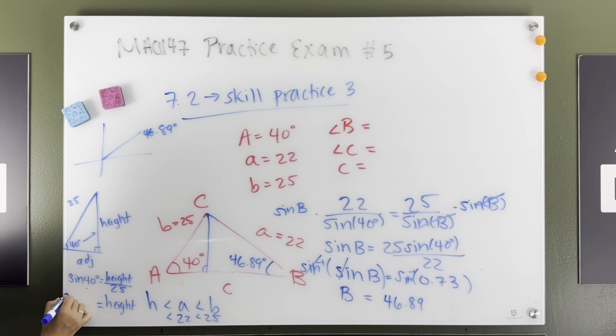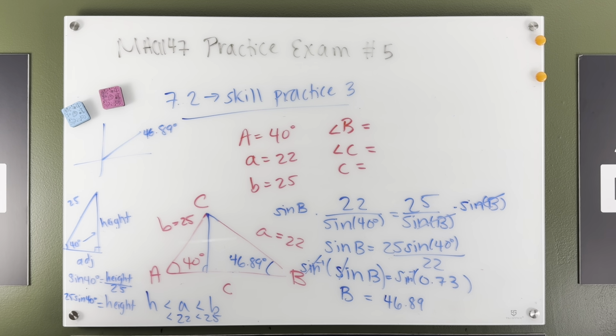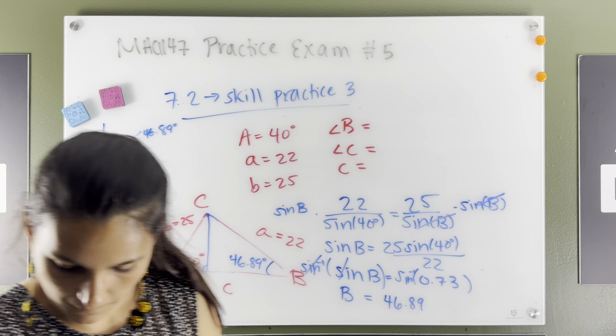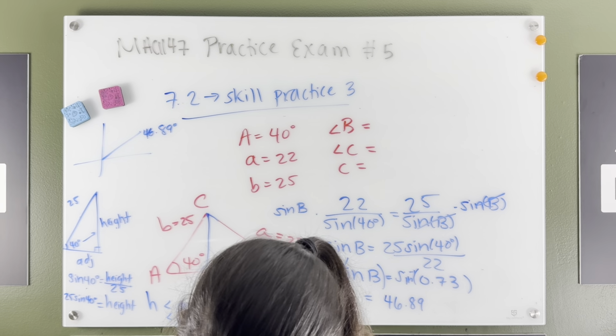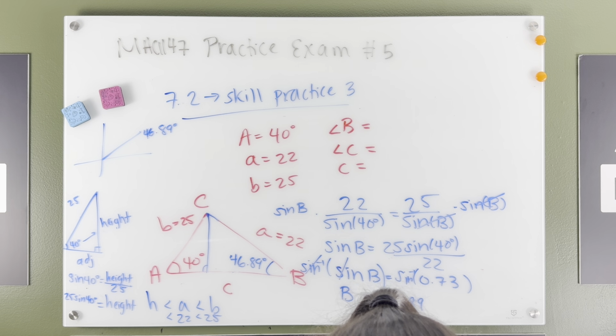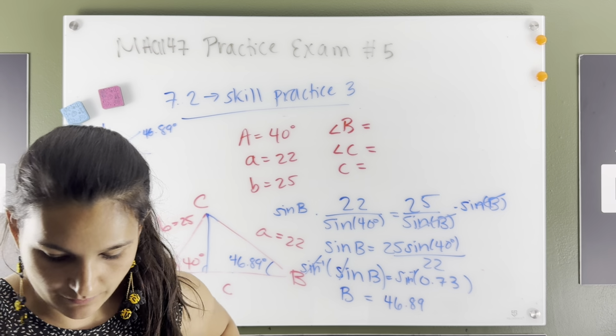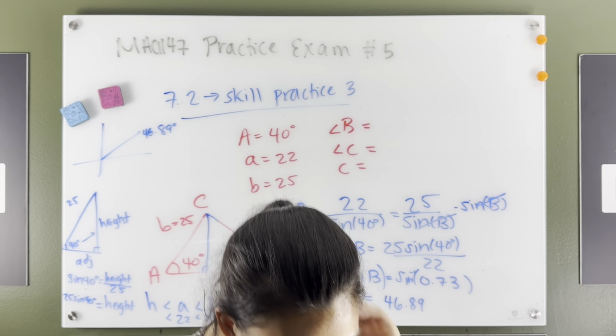Right, so let's go ahead and use the calculator. I didn't do this earlier. Let's do 25 times sine of 40. Okay, so that's 0.73 times 22.